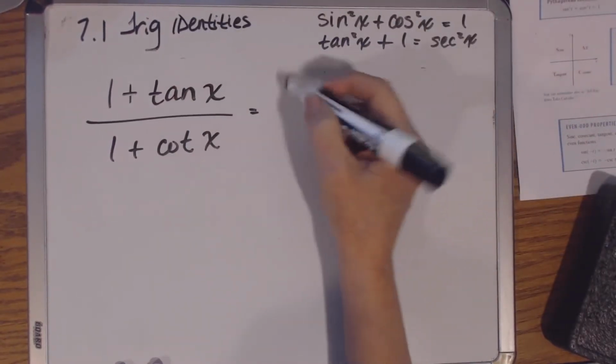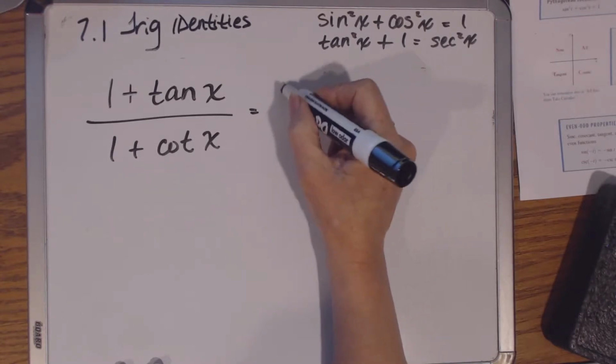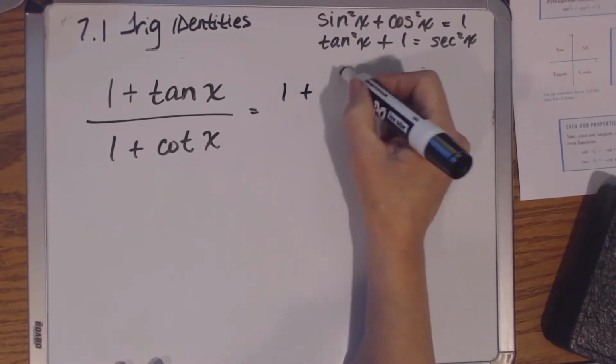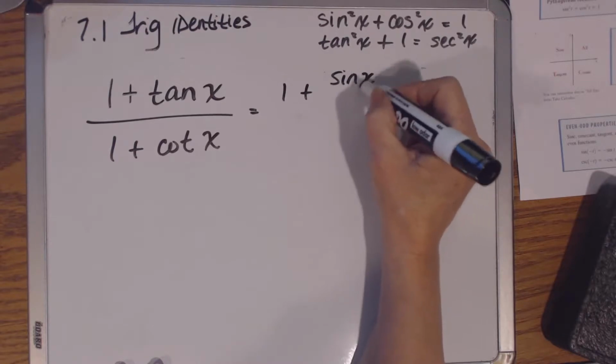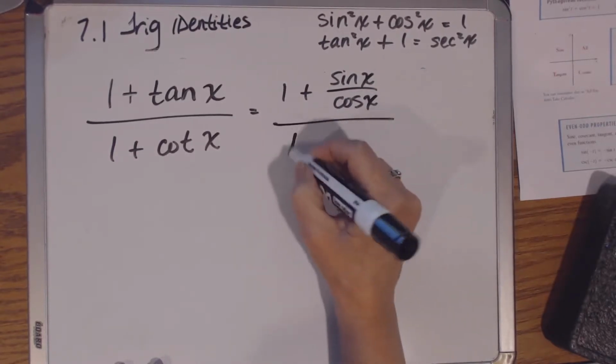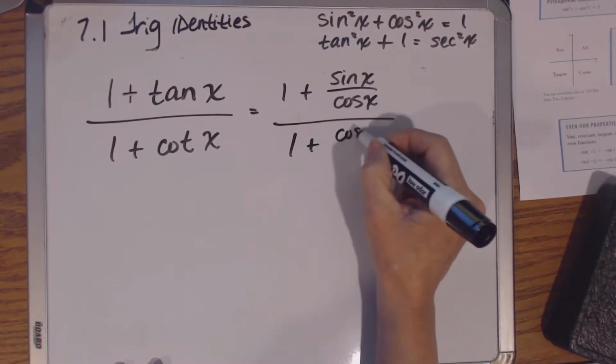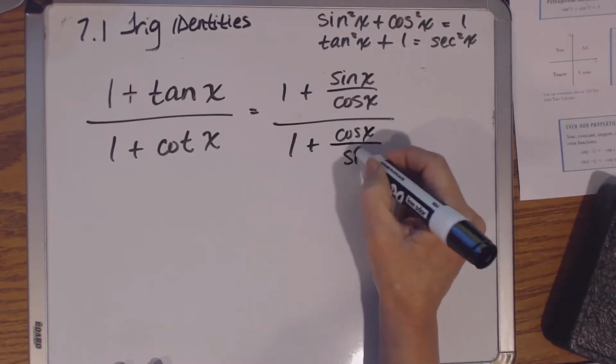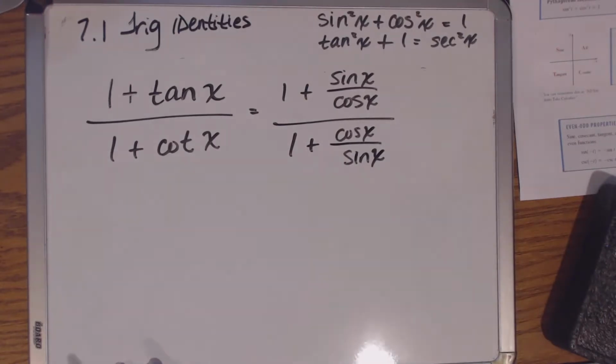Okay? So I'm going to do 1 plus sine x over cosine of x divided by 1 plus cosine of x over sine of x.